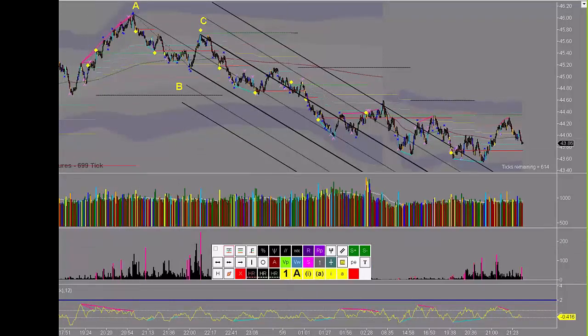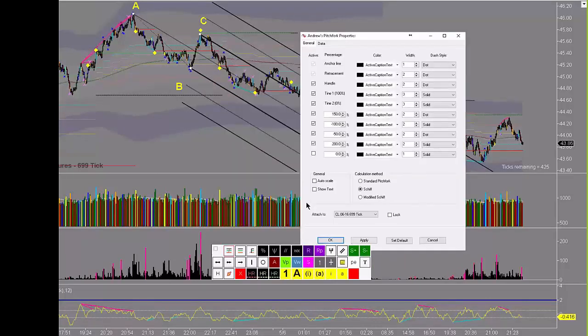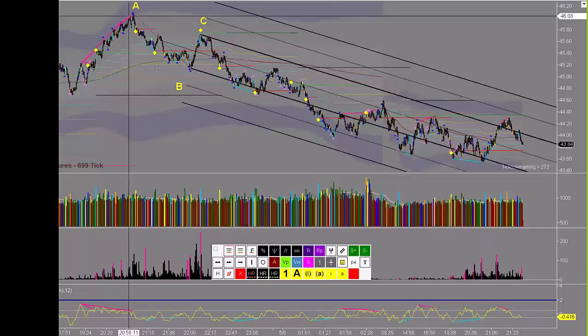So when you change it, you can double click on it and bring up the properties. If I change this to a Schiff, what happens to the starting of the A point? It moves, doesn't it? It moves down. And if I change it to a mod Schiff, it moves down and forwards.